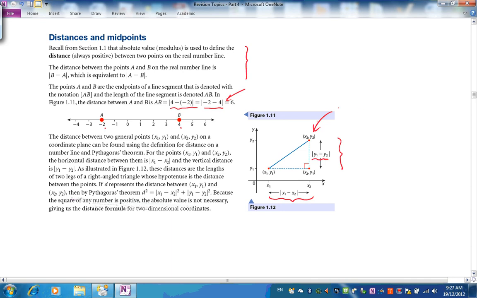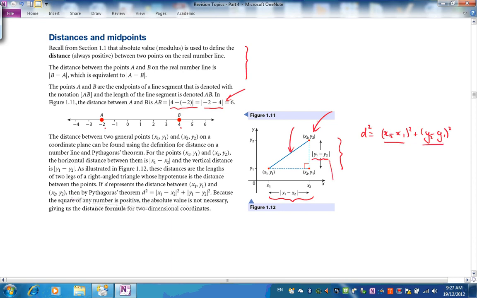And then we could say, well, hang on, by Pythagoras, the square of the hypotenuse equals the sum of the squares of the other two sides. So it becomes x2 take x1 squared plus y2 take y1 squared. And it doesn't matter which direction you put these in.